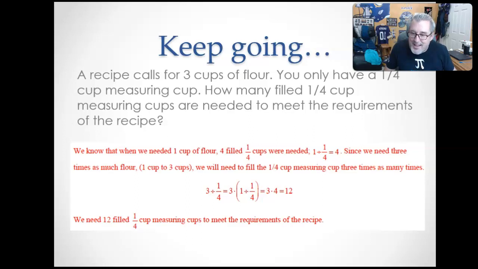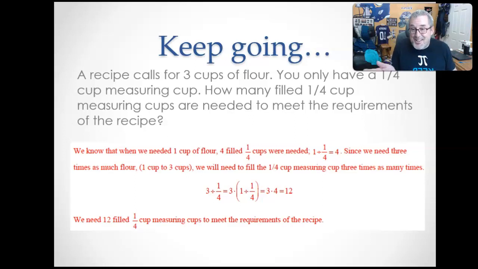Now, what am I really getting at here in terms of cups of flour? 3 cups of flour is 3 copies of 1 cup of flour. So how many scoops does it take to make 1 cup of flour? 4. I need 3 times as many to get 3 cups, so 12. We need 12 filled 1/4 measuring cups to meet the requirements.